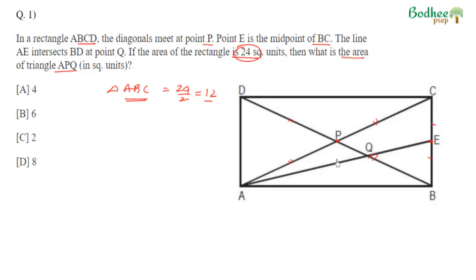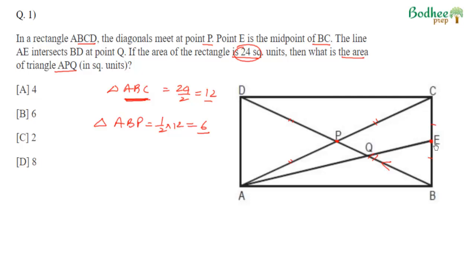Further, if you look at point P, then in this triangle ABC, P is the median. So the area of triangle ABP will be half of the area of triangle ABC, which comes out to be 6, with the same logic that BP is the median. A median divides the triangle into two equal areas, right?